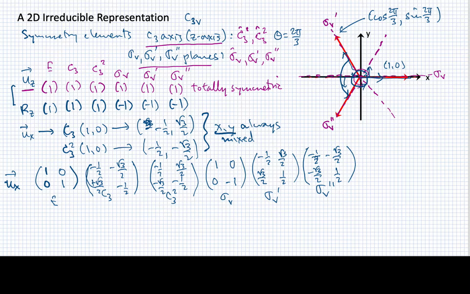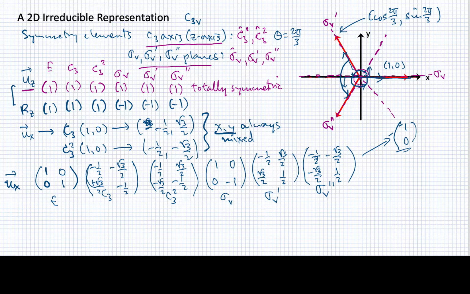Now, I haven't gone through a detailed derivation of these matrix forms. I hope you will simply trust that I've done this right, but I'll invite you to indicate what is the result of this matrix operating on a vector of (1, 0). So operate each of these matrices on this vector, and it should show you what the effect of these different symmetry operations would be on a vector that starts pointing in the x direction.